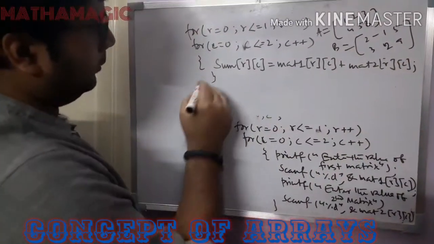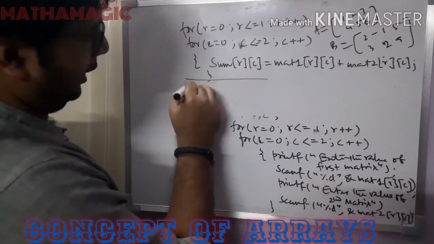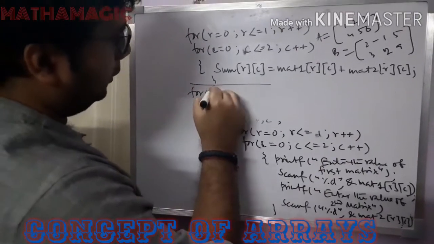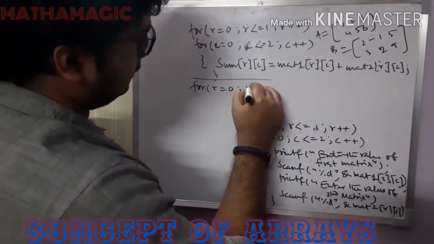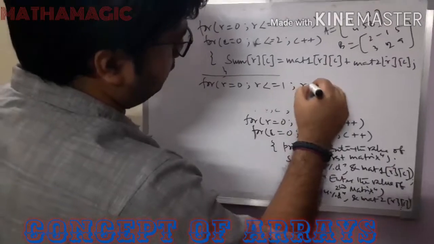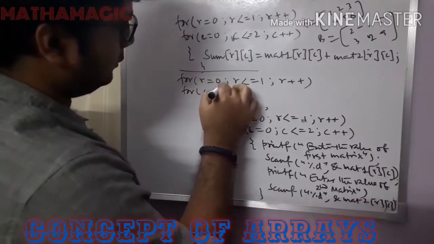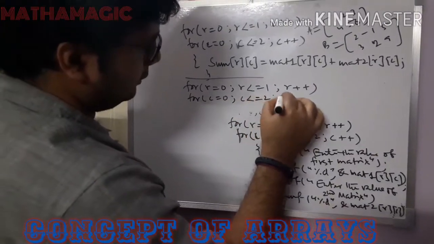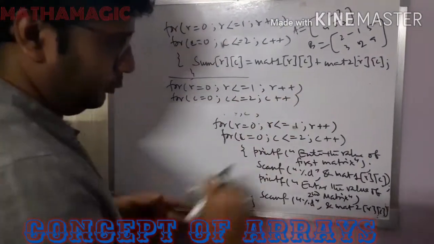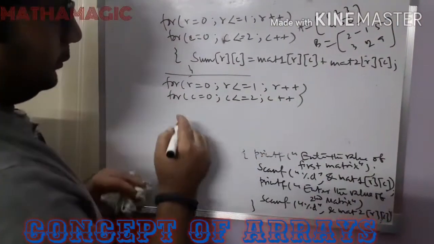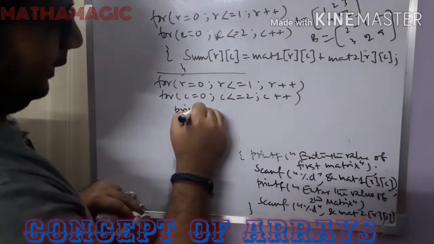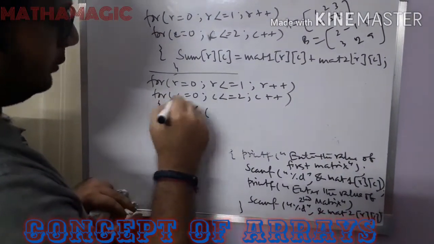Okay. Now in order to print this, we have to use these two for loops. C equals 0, C less than or equal to 2, C plus plus. I am removing this part. So printf, this is the final answer which we are going to print right now.